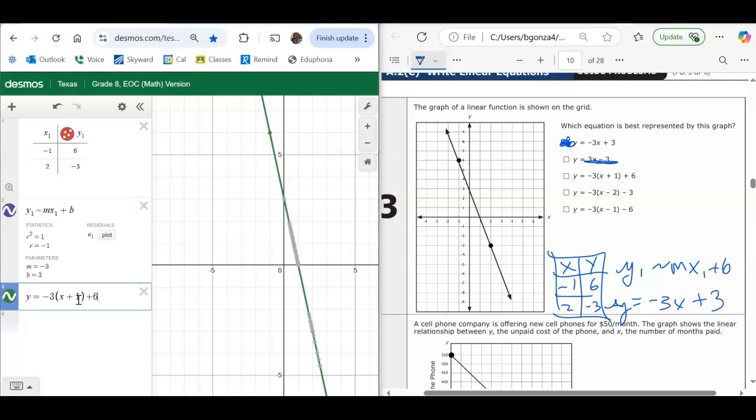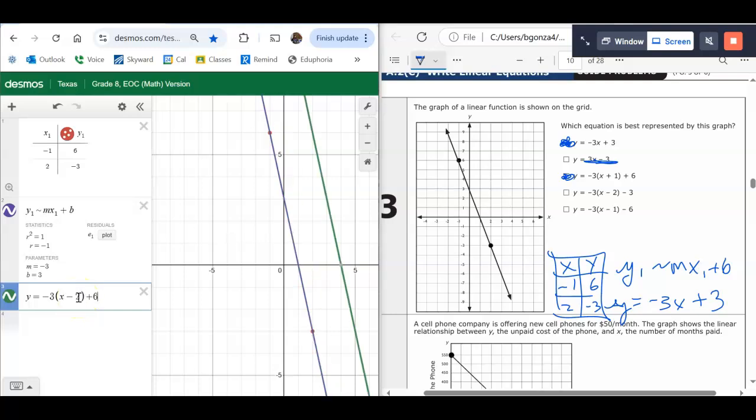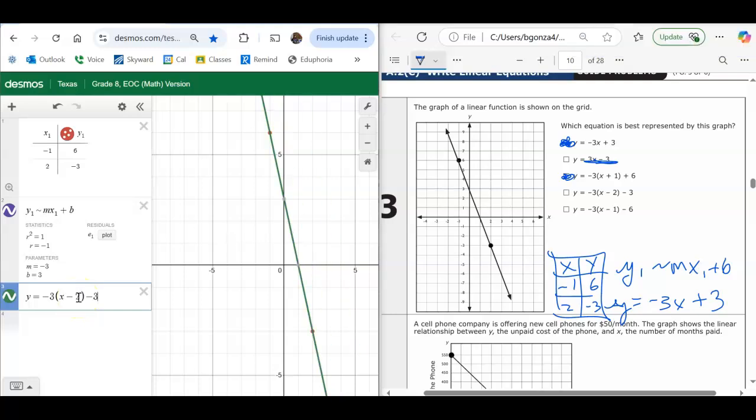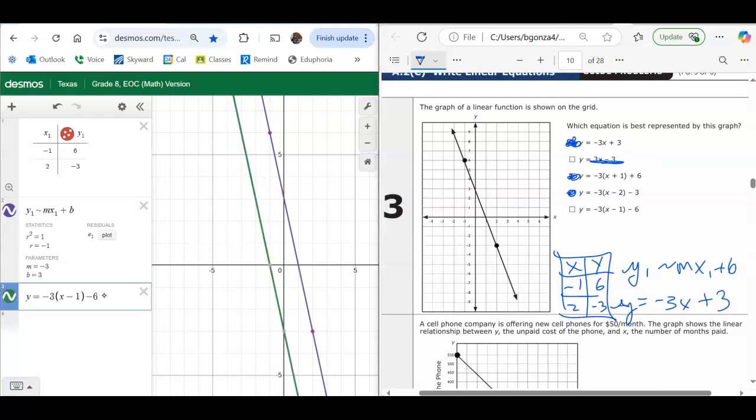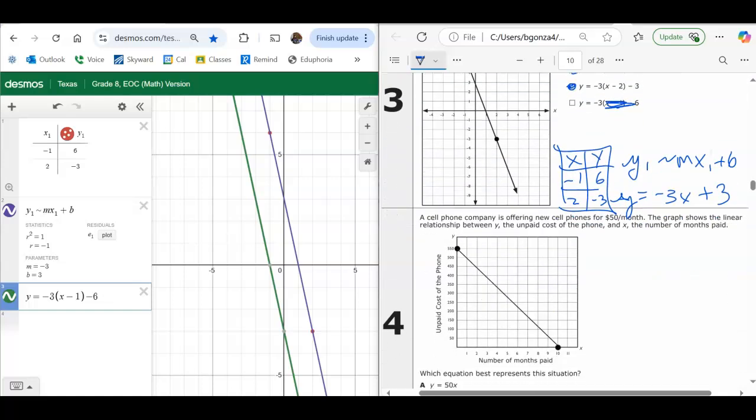That one looks good, like it's overlapping, right? Okay, what about the next one where it's got minus 2 and minus 3? That one looks good too. What about minus 1 and minus 6? No. Okay, so again, sometimes you have to graph more than one to see if they work.